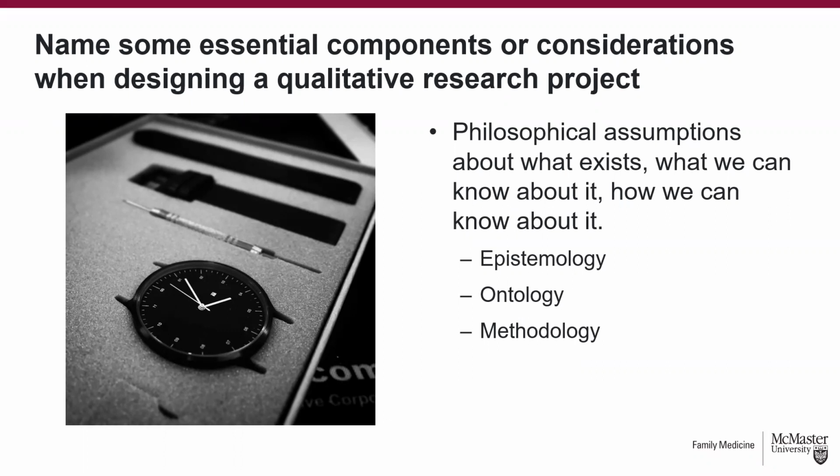Every project has assumptions about what exists, what we can know about it, and how we can get that information. But often in quantitative projects, these aren't made explicit. In qualitative projects, because there's more options, more different sets of how we could think through these different ideas, it's important to make these explicit and to think about how your philosophical assumptions inform the other aspects of your research project.